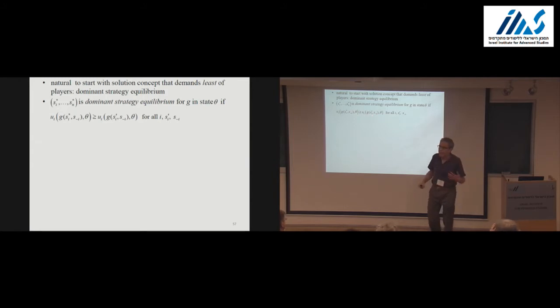And when I say that this concept is very undemanding of players, I mean that player i doesn't have to worry about what other players are going to do. Player i doesn't have to even know what other players' preferences are, because player i can just play his own dominant strategy, regardless of those other preferences.